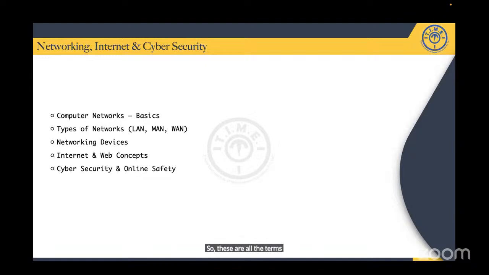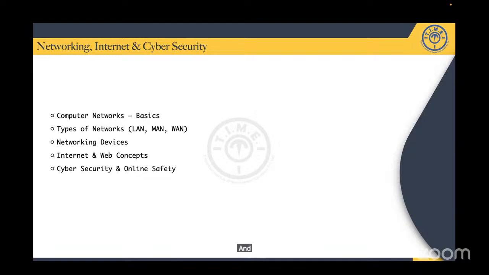And here again, I'll repeat the terms one more time. Phishing means tricking users to steal data. Ransomware means encrypting files and demanding money. Firewall means blocking unauthorized access.